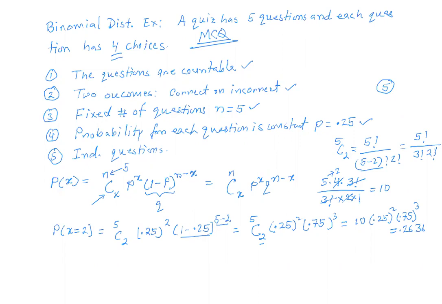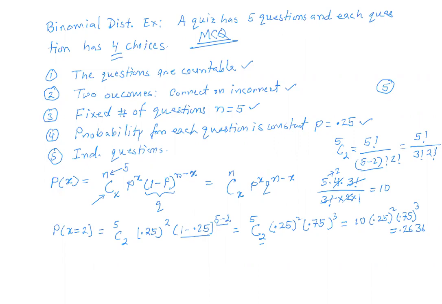So someone has approximately a 26.36% chance that he or she would get exactly 2 questions right.